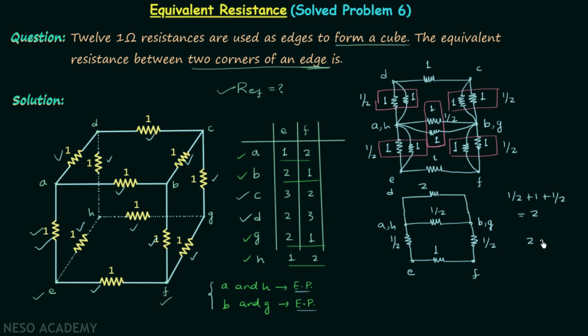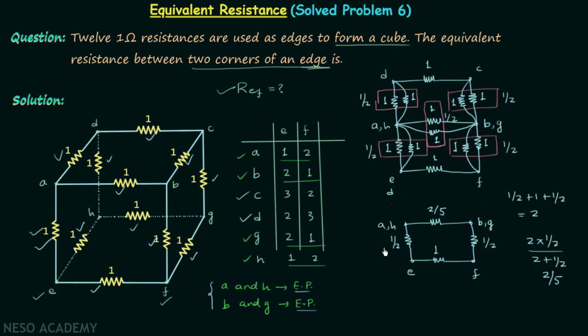Therefore the equivalent resistance will be 2 multiplied by 1 by 2 divided by 2 plus 1 by 2. When you solve it, you will get 2 over 5 ohms. So in place of 2 resistors in parallel, we can have a single resistor having the value 2 over 5 ohms.